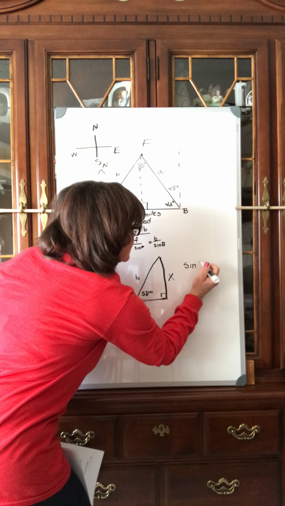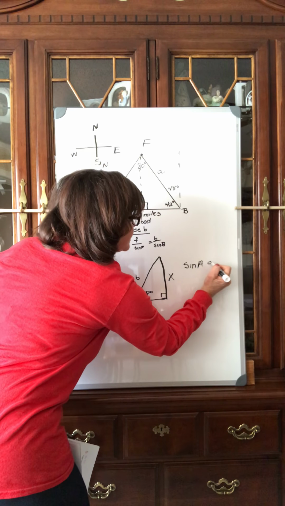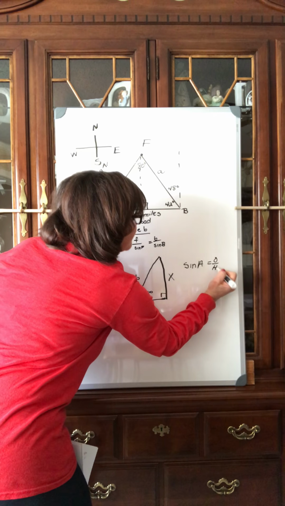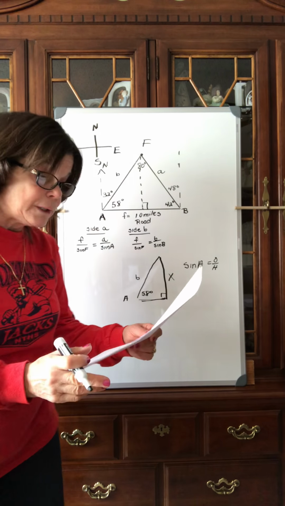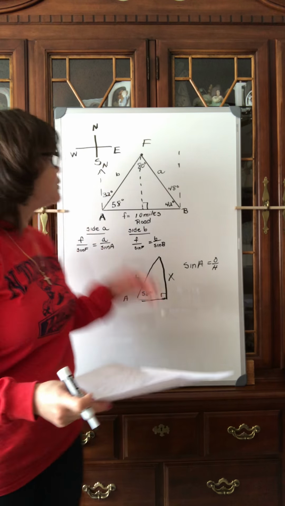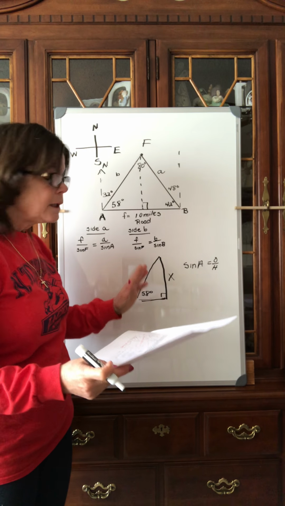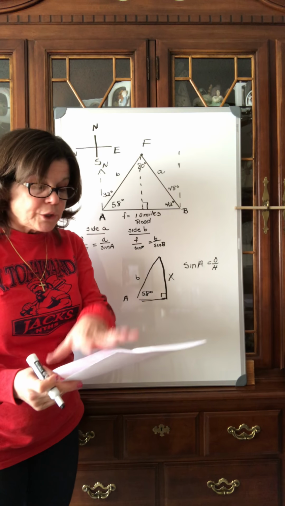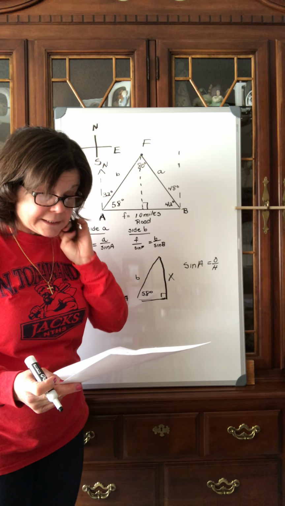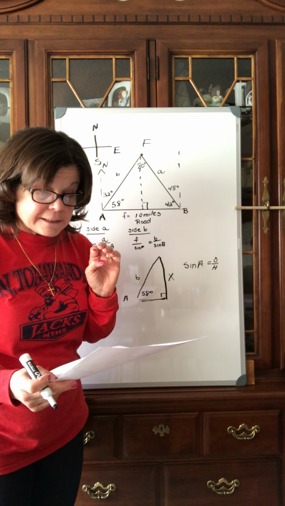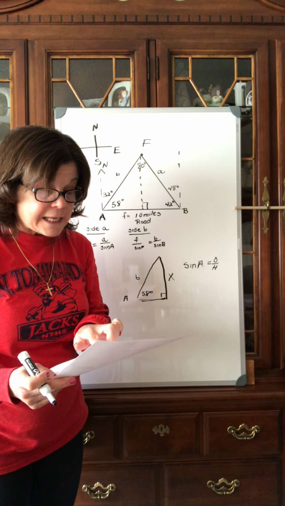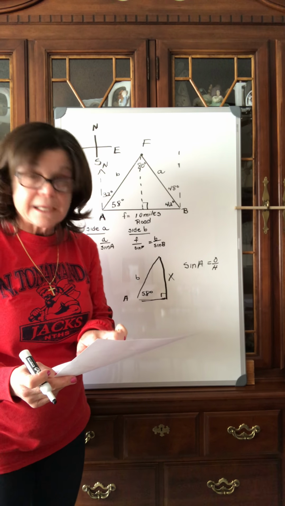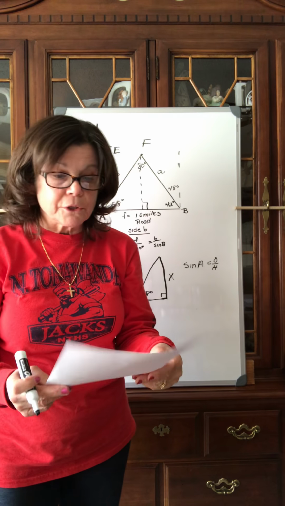Sine of angle A is equal to opposite over hypotenuse. Fill that in, and then you will be able to find the shortest distance from the fire to the road. Now, looking at my notes, the way that I did it, I had kept side A on my calculator. I think you'll be able to figure it out.